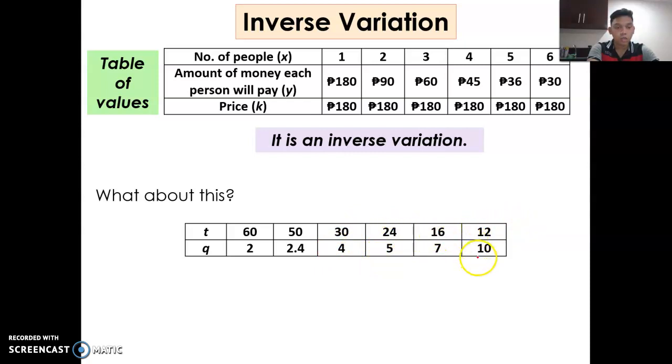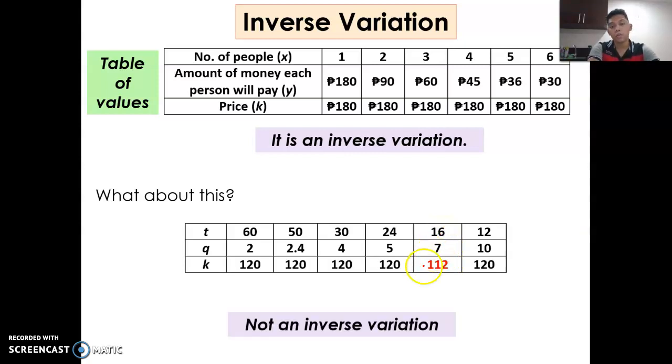Let's check. This one is 120. I think this one is not 120. Yeah, this one is not 120, right? This is 112. So therefore, it's not an inverse variation.